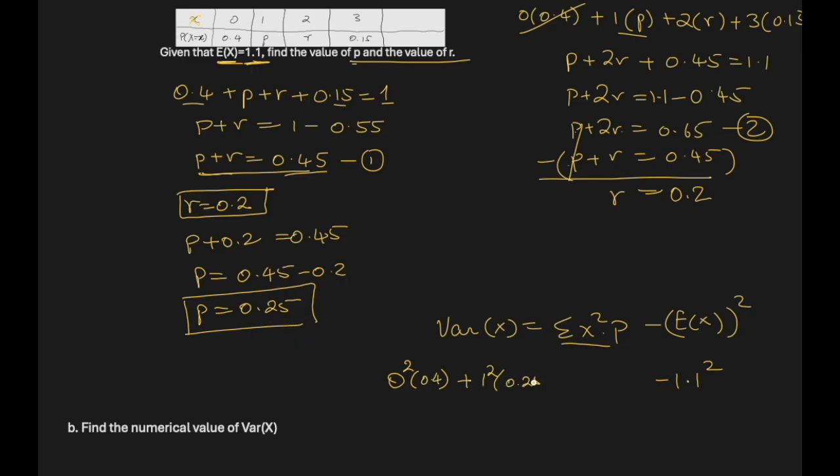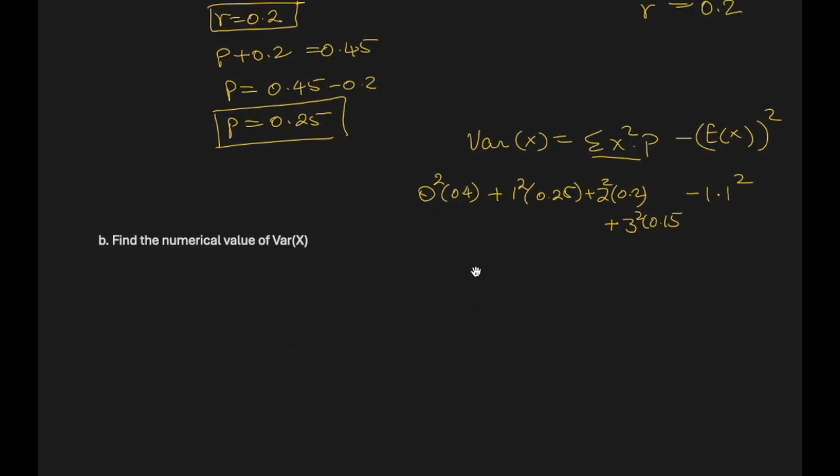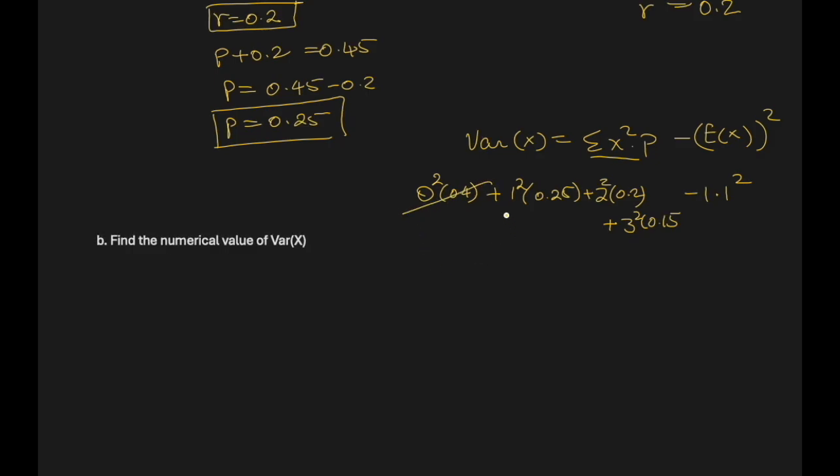Then we have 2 square multiplied by r, which is 0.2, and finally we have 3 square times 0.15, and let's solve it. This is 0, gone. 1 times 0.25 is 0.25. 4 times 0.2 will be 0.8. Then we have 9 times 0.15.